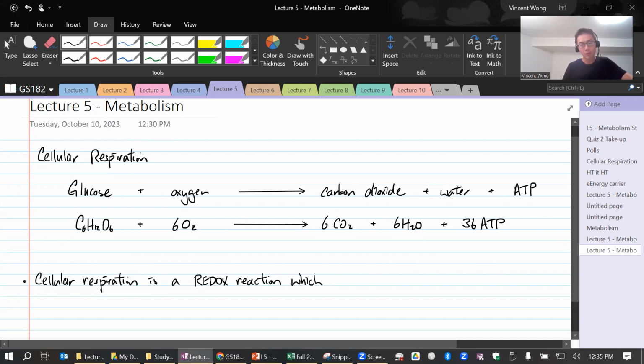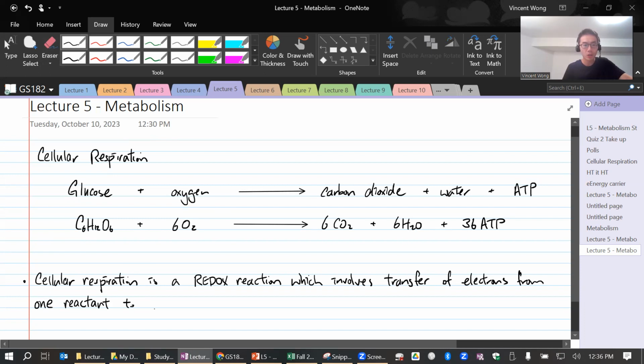Which involves transfer of electrons from one reactant, the ingredients, right?